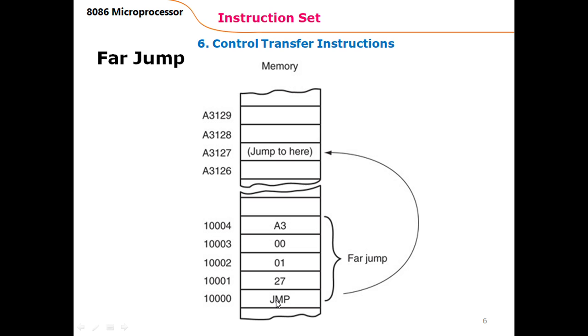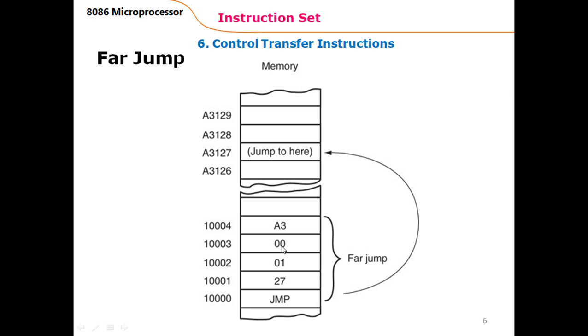EA would actually be stored in binary form, but for simplification JMP, which is the mnemonic of this instruction, is used here. The next 2 bytes, read as 0127, would provide the new content for the instruction pointer, or the offset address for the next instruction. The last two bytes provide the content of the code segment, which would be read as 8300.